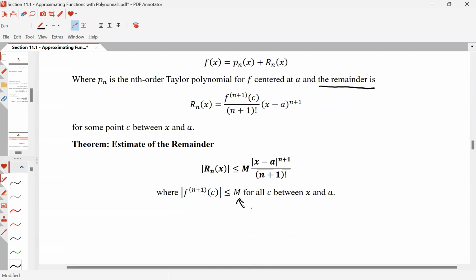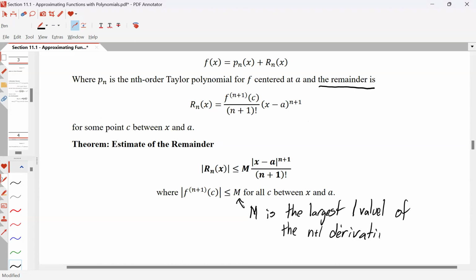How we will find M is that it is the largest absolute value of the n+1 derivative. So we will find that n+1 derivative and say where that largest value takes place.